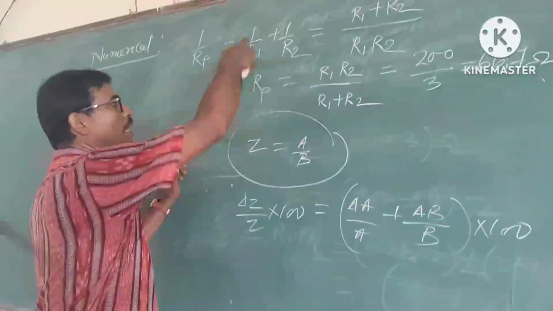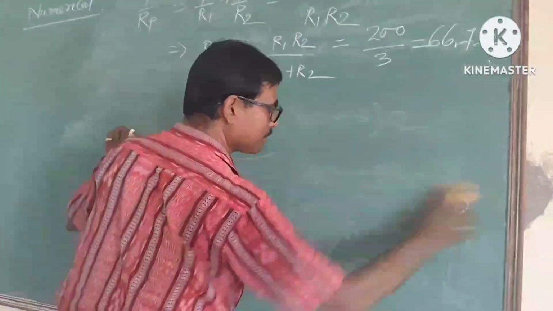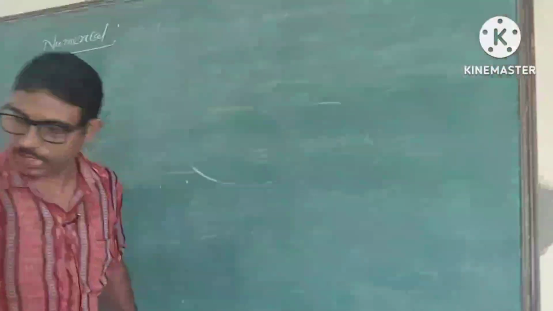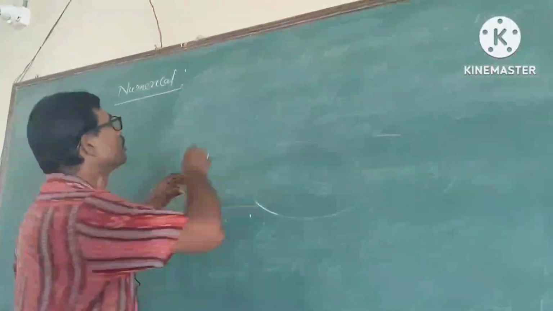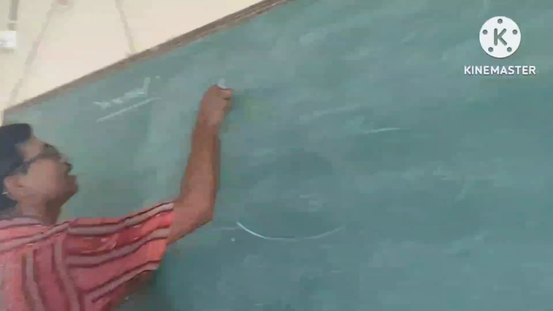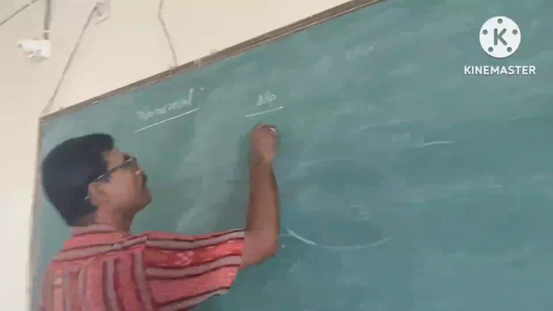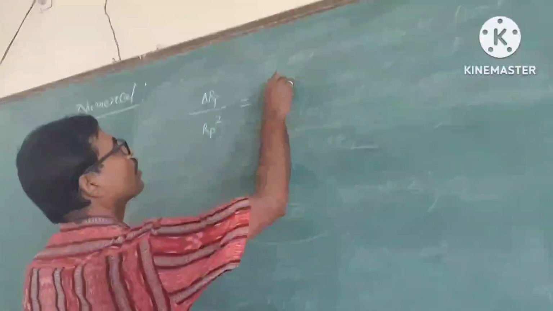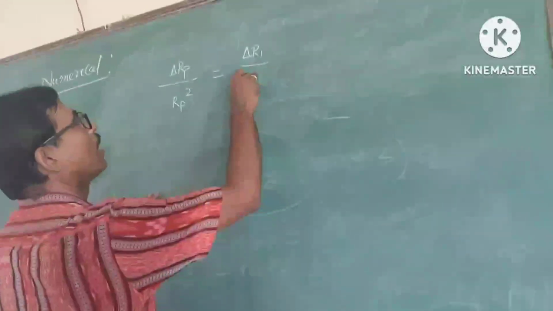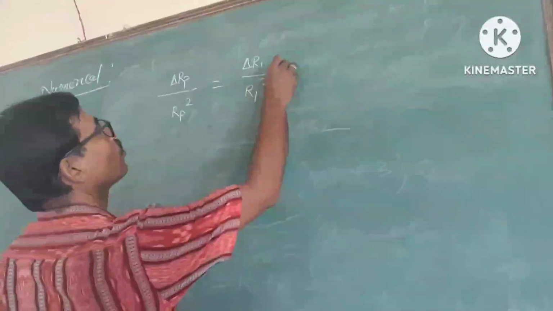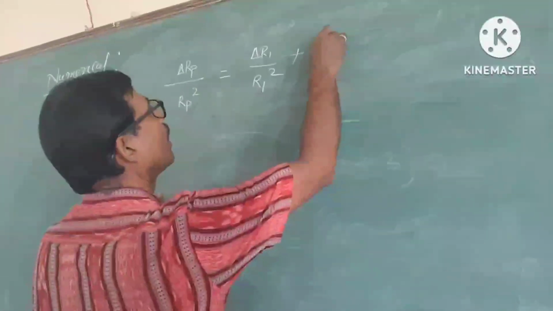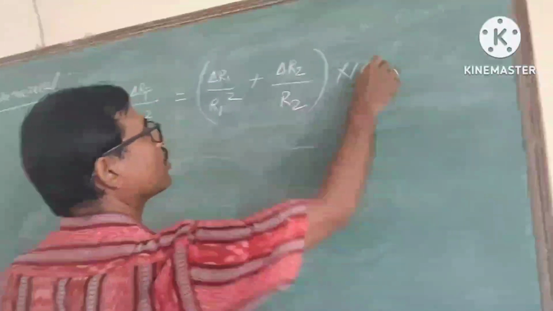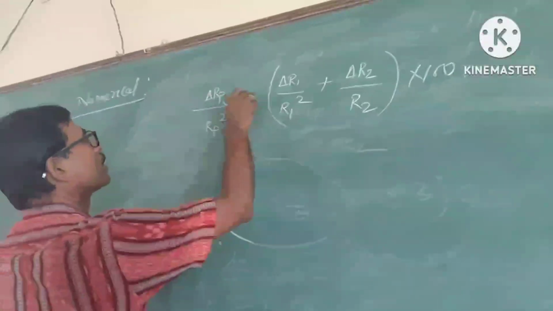As it is 1 by R1, how can you get that value? Delta Rp by Rp square is equal to delta R1 by R1 square plus delta R2 by R2 square. As it is percentage, we will multiply by 100.